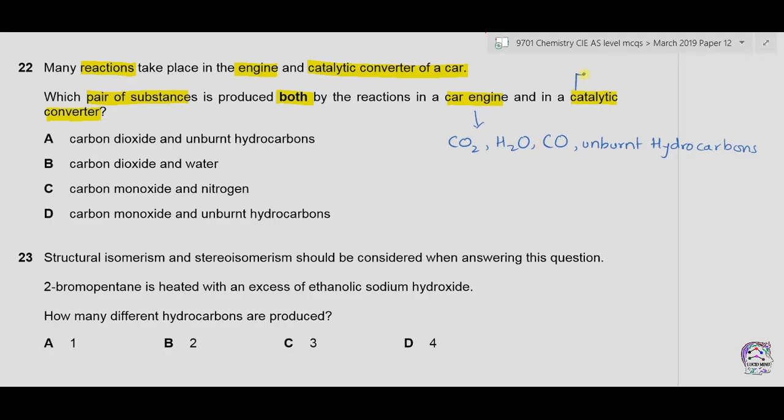In the catalytic converter, the unburnt hydrocarbons are converted into carbon dioxide and water, and nitrogen compounds are converted into nitrogen gas. Now we can see that the common compounds among these are CO2 and H2O. So therefore answer is B.